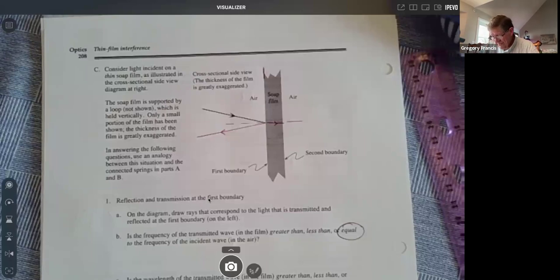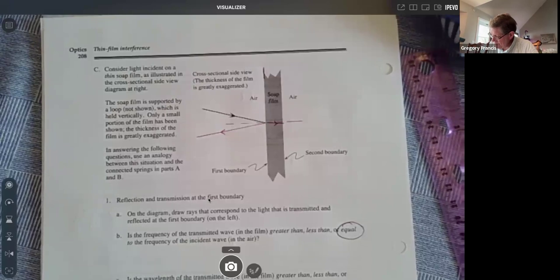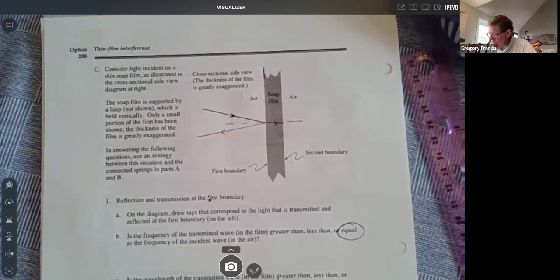And so if the wave in the air is slapping the water 5 times a second, then we're sending 5 wave fronts each second into the water. So the frequency of the wave is always equal to the frequency of the disturbance causing the wave. And in this case, it's the wave in the air that's causing the wave in the soap.